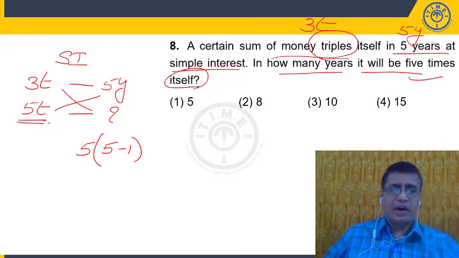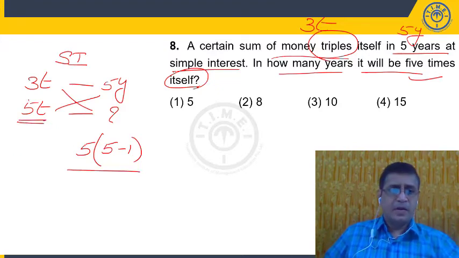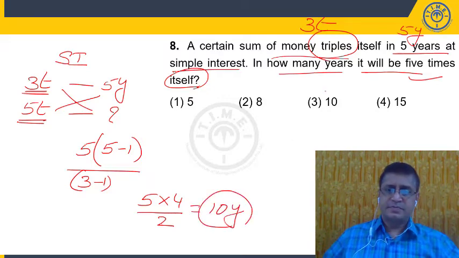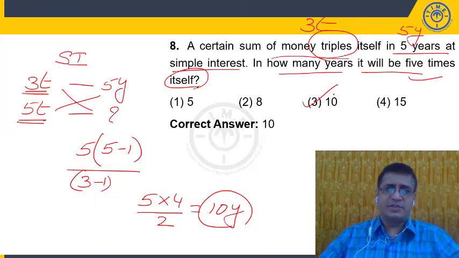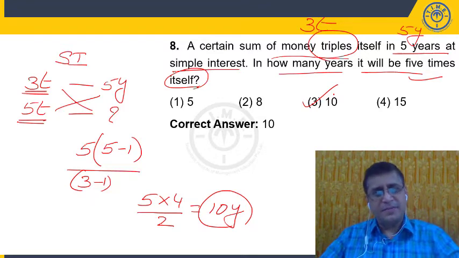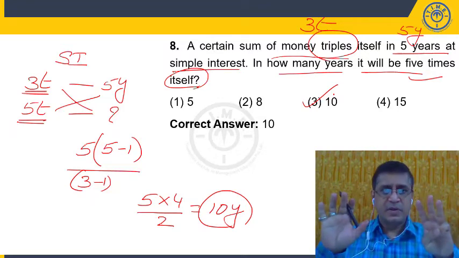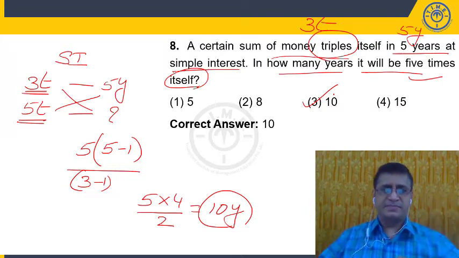Number of times is 5 times. 5 minus 1 by 3 minus 1. So what is the result? 5 into 4 by 2. It is 10 years. The right choice is option 3. The third choice is the right choice. Am I clear? 3 times of itself in 5 years, 5 times of itself in how many years?